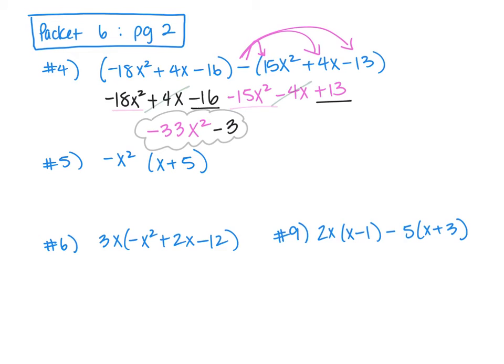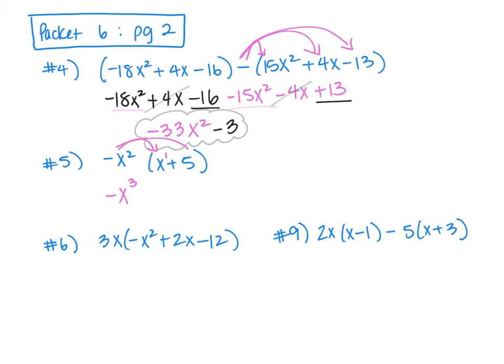All right, so in the next one here, I have a negative x squared and an x plus 5. So I do need to distribute this inside. And when we distribute, we're going to have to add the exponents, right? That's a square, that's the first power. So we have x to the third power, but then I have this negative in front of this x, so negative times positive 1 is just negative.